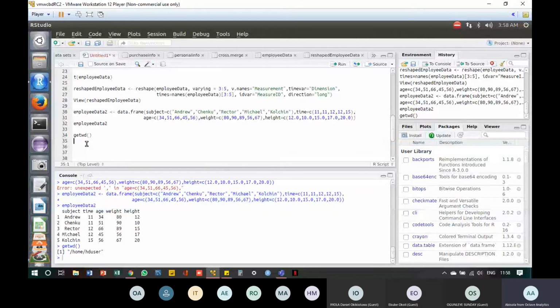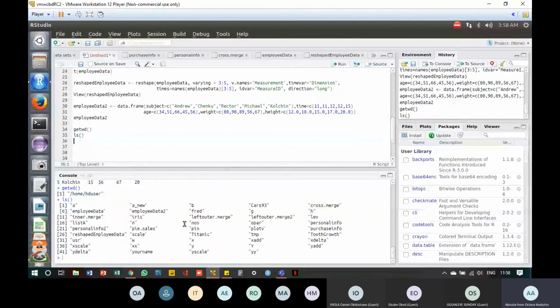So let me see if the data set is here. It's not here. Okay, it's in home/Hadoop. So let's set our working directory to home/Hadoop if we would find it there.